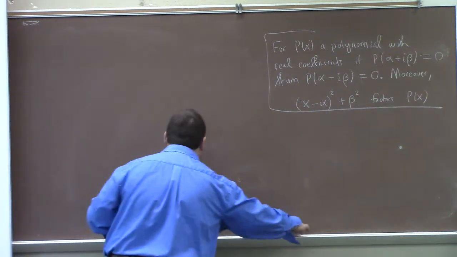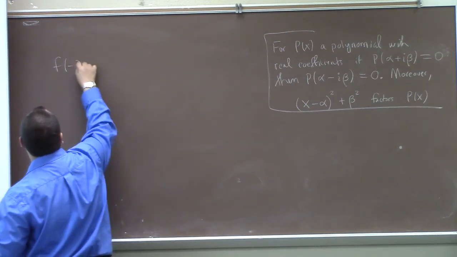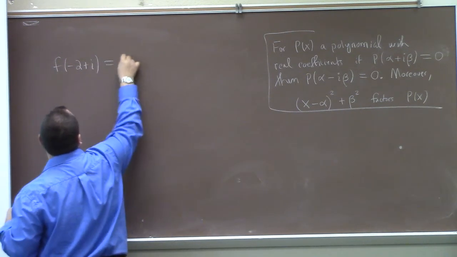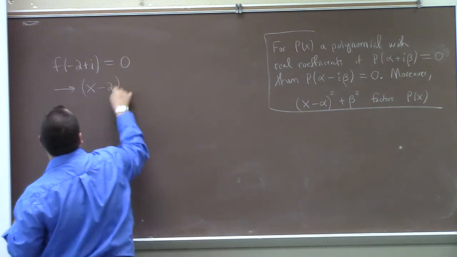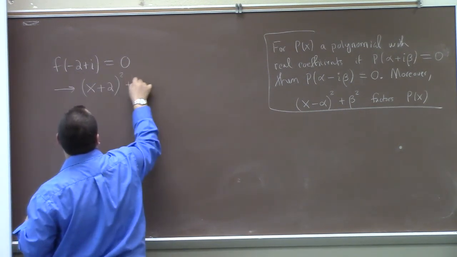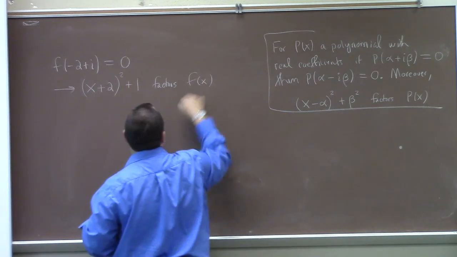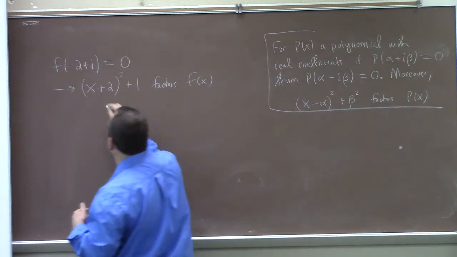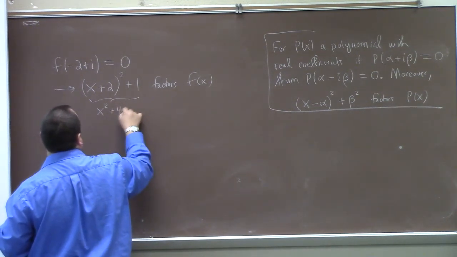So notice that f of minus 2 plus i equals 0 tells me that (x plus 2) squared plus 1 factors f of x. So of course this is really just x squared plus 4x plus 5, right?